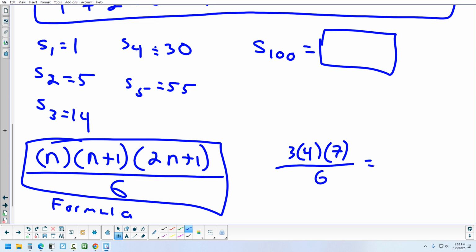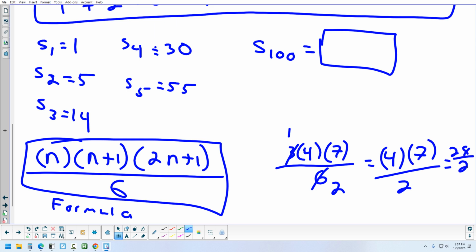We can reduce that. 3 goes into 6 how many times? Twice. And 3 goes into itself? Once. What's 1 times 4? 4. Times 7. 4 times 7 is 28. And what's 28 divided by 2? 14. So that formula automatically added up the first 3. 1 squared plus 2 squared plus 3 squared.